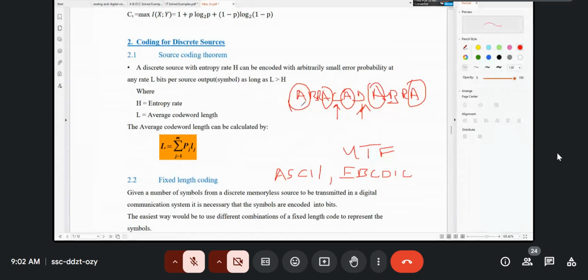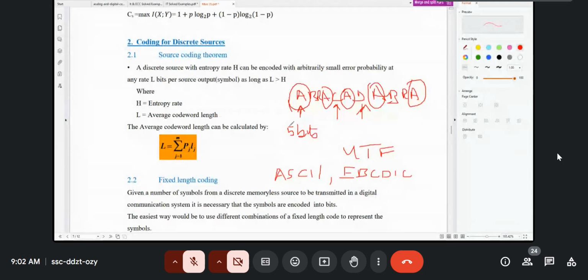If you use 1 bit, C will contribute only 1 bit, representing only one symbol. But for A, if you use 1 bit, it means for 5 symbols, you're using 5 bits.